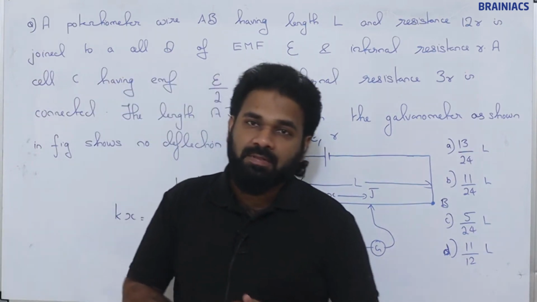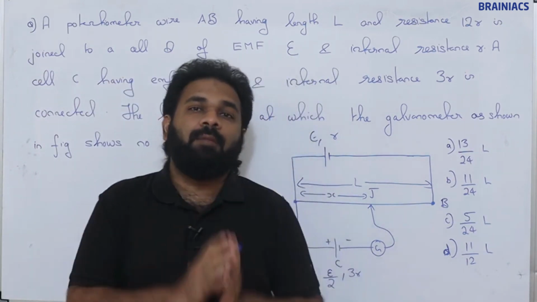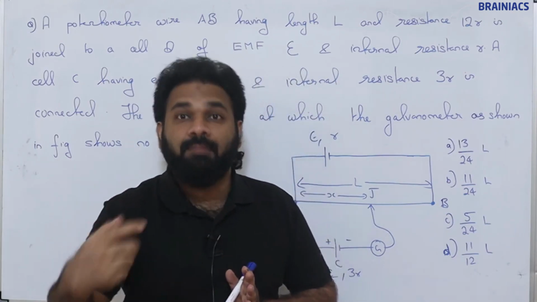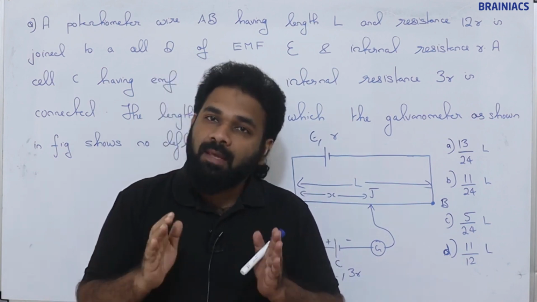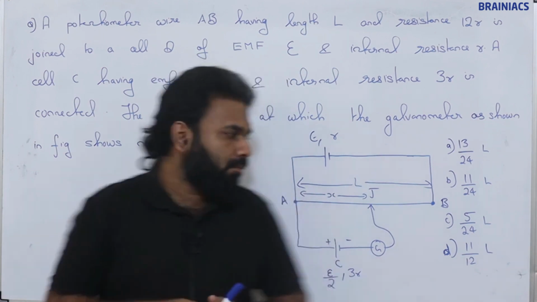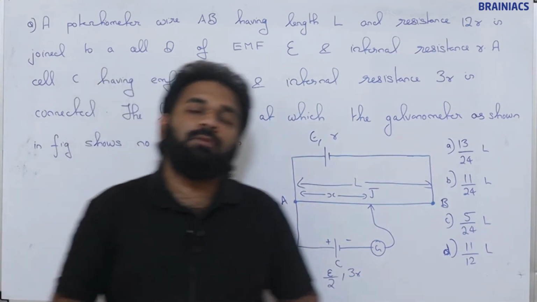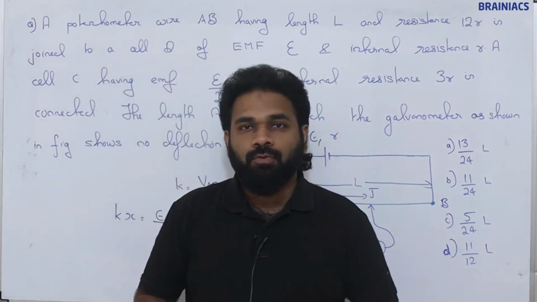So all the questions we will focus on this idea: potential gradient into that length, the balancing length, will be equal to this voltage. This is the idea we are going to use.